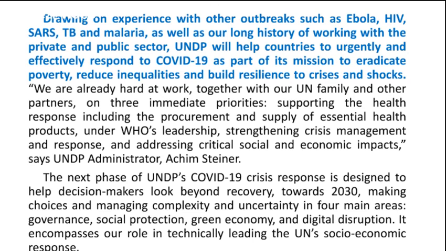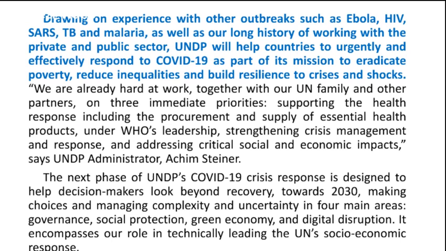Finally, the next phase of UNDP's COVID-19 crisis response is designed to help decision makers look beyond recovery towards 2030, making choices and managing complexity and uncertainty in four main areas: governance, social protection, green economy. A green economy is an economy that does not affect the environment, does not pollute, and digital disruption. It encompasses our role in technically leading the UN's socio-economic response.